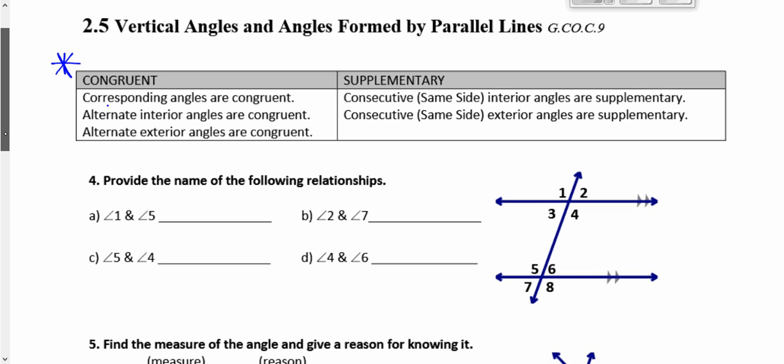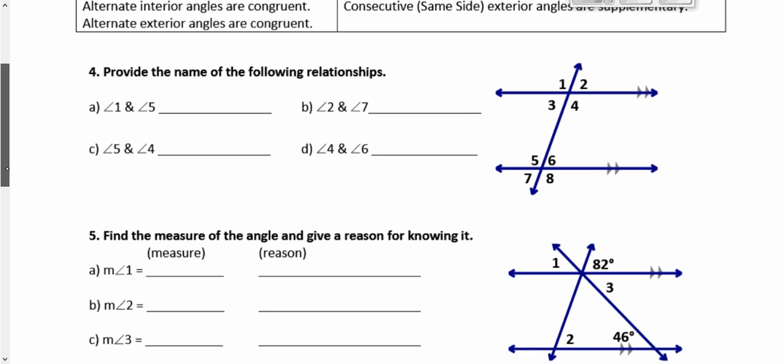So let's get started and provide the name for the following angle pairs here. So angle 1 and 5, what would we call those? Well, it can't be alternate because they're on the same side, right? Corresponding angles. Think of the translation, right? Corresponding angles.